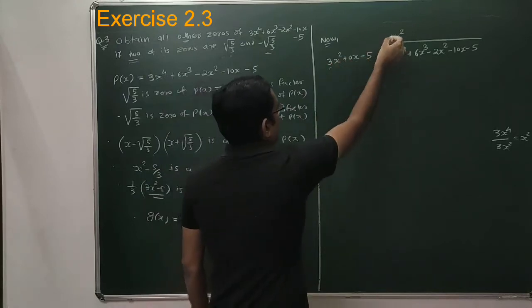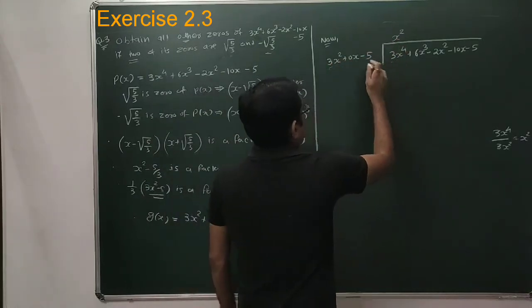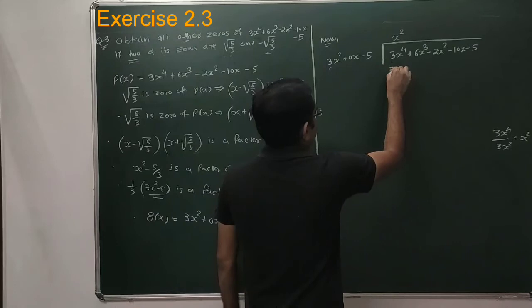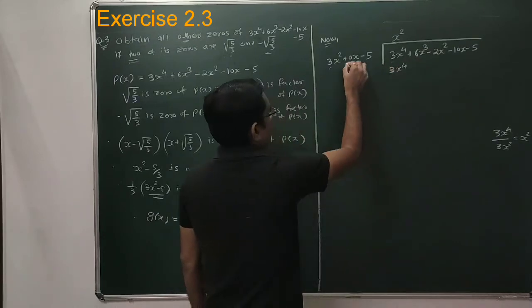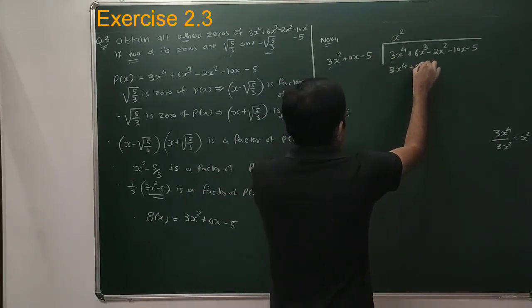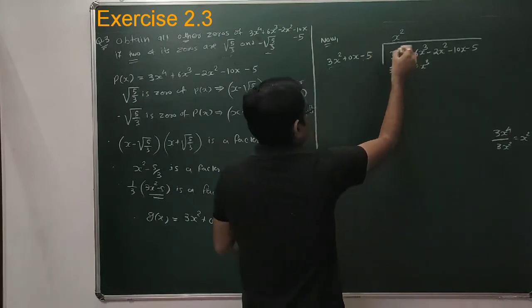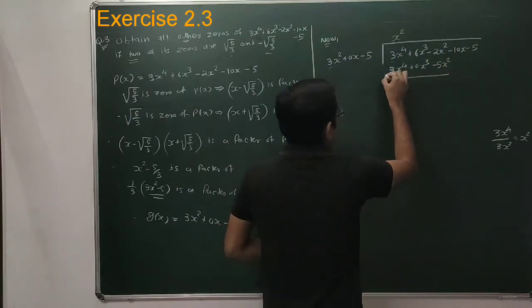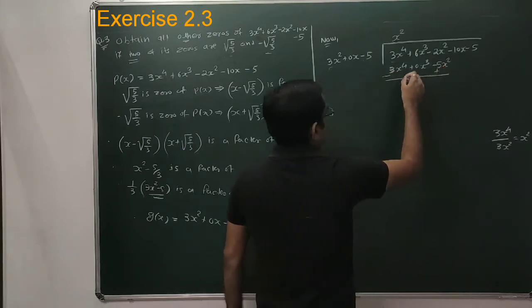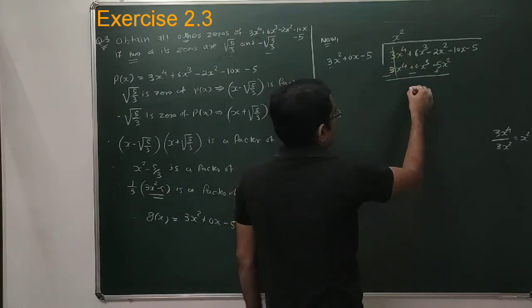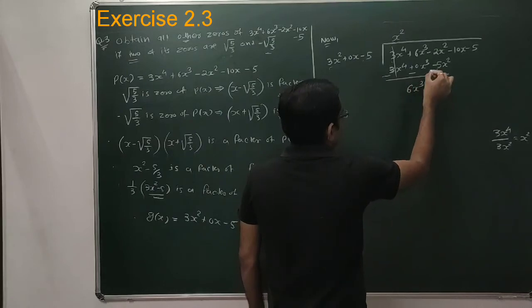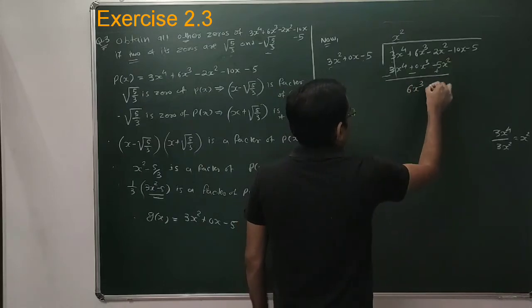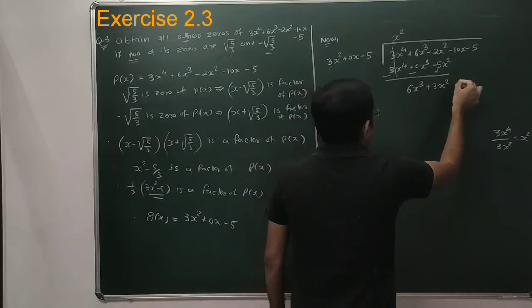Multiply all these 3 terms with this x square: 3x square into x square gives 3x raised to 4, 0 into x square is 0x cube, and minus 5 into x square is minus 5x square. This is minus, and this is plus. Cut this. This will be 6x cube, and this will be plus 5 minus 2, which is 3x square.